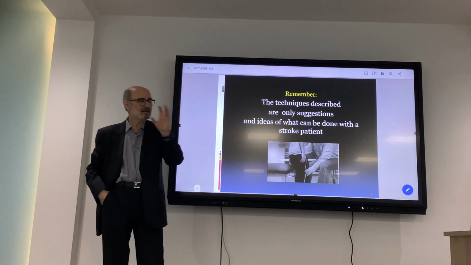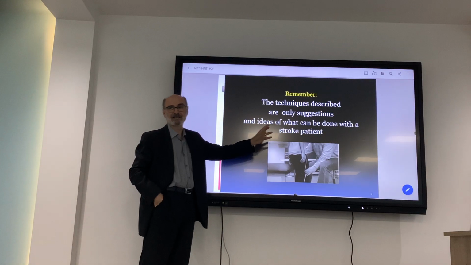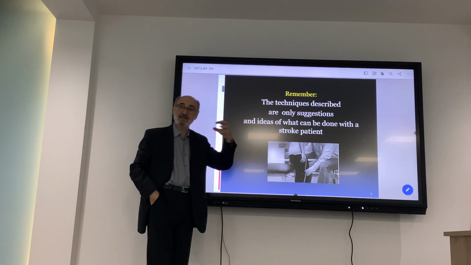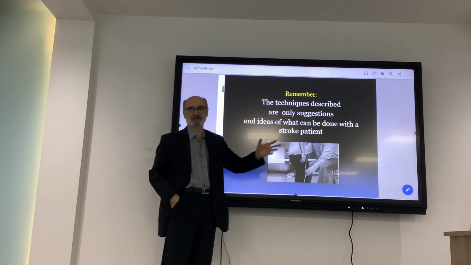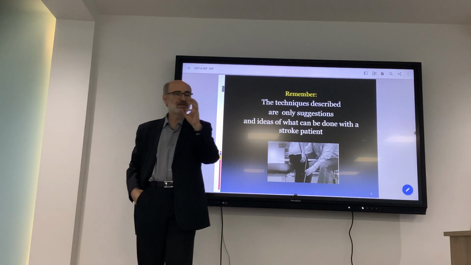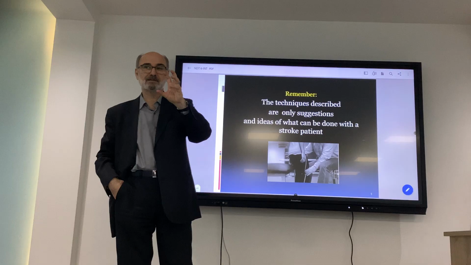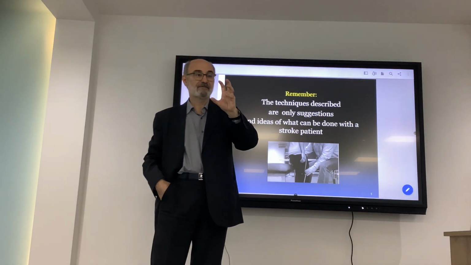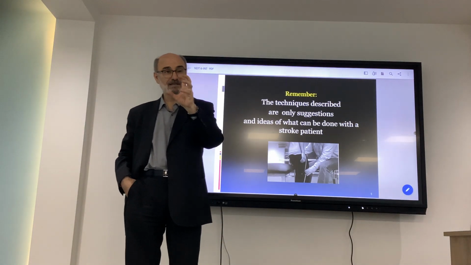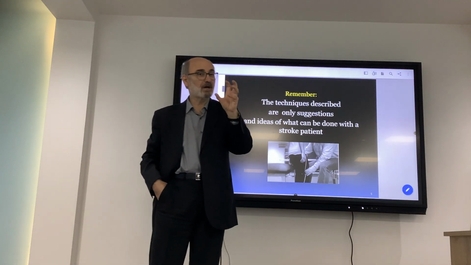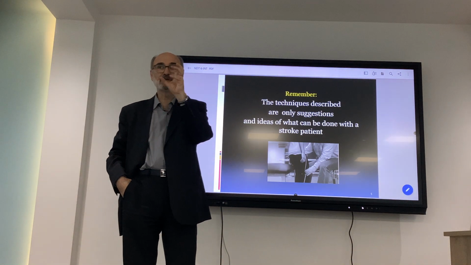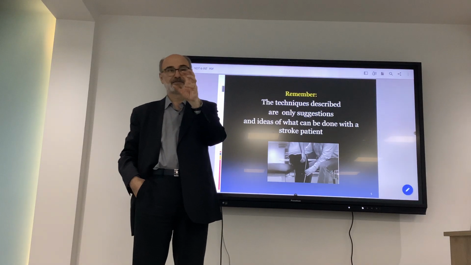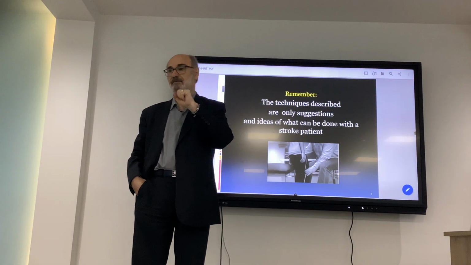But this point indicates that those exercises that I suggest are just suggestions. And you will need to get sufficient experience. First, assess the patients, and based on the assessment's findings, adjust your techniques to help the patient to recover.